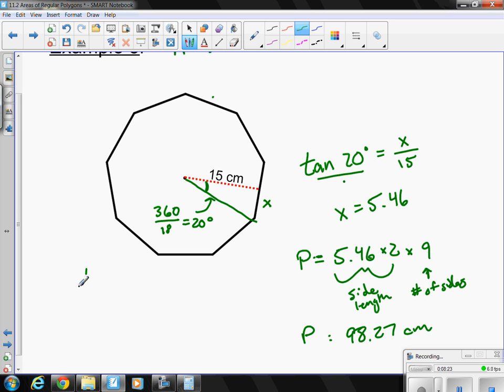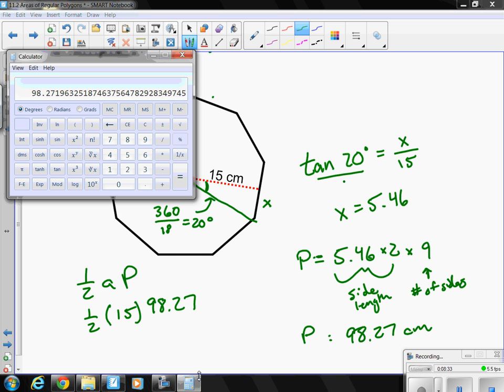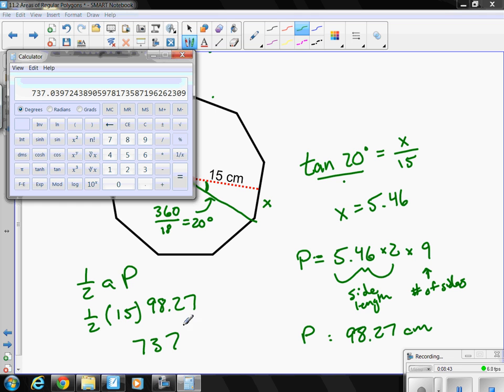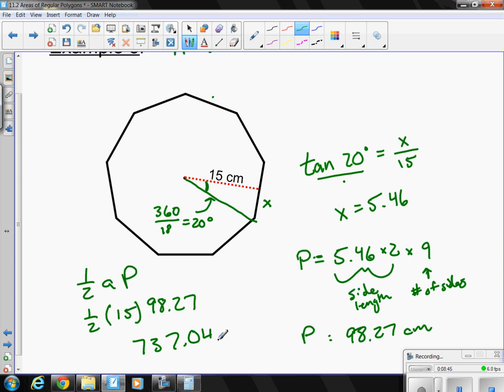Now I can use my 1/2 apothem times the perimeter. 1/2 times 15 times 98.27. I multiply that by 15, multiply it by half, and I get 737.04 centimeters squared.